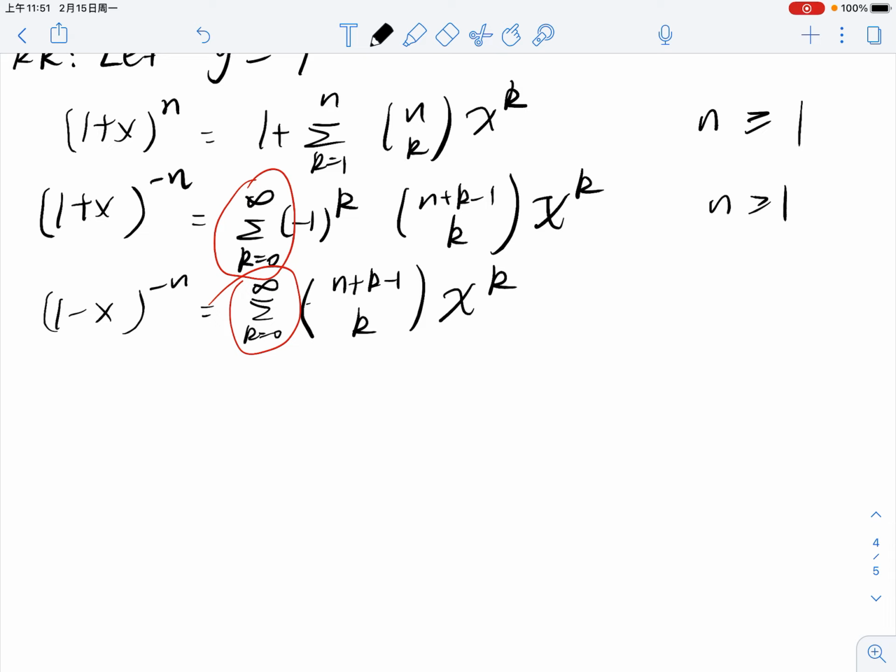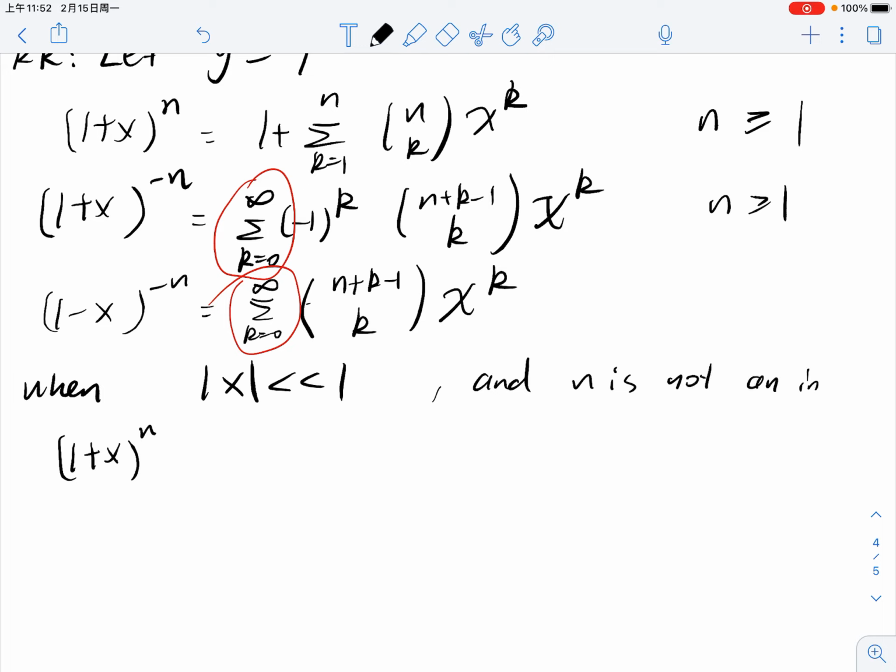Okay, and when the norm of x is small, actually smaller than 1 is enough, we can extend this formula even to non-integer index, non-integer power. N is not an integer, for example, 0.5. Then we will have the Taylor expansion.